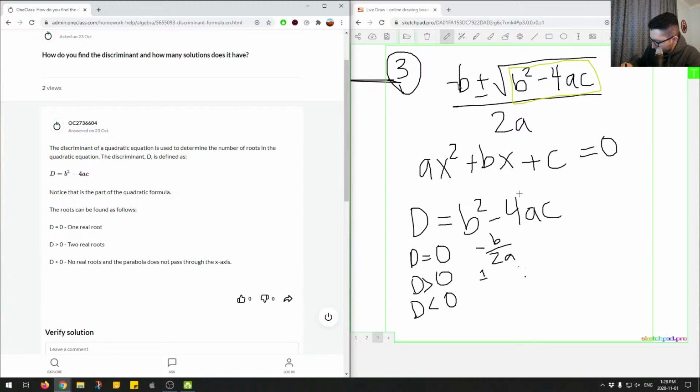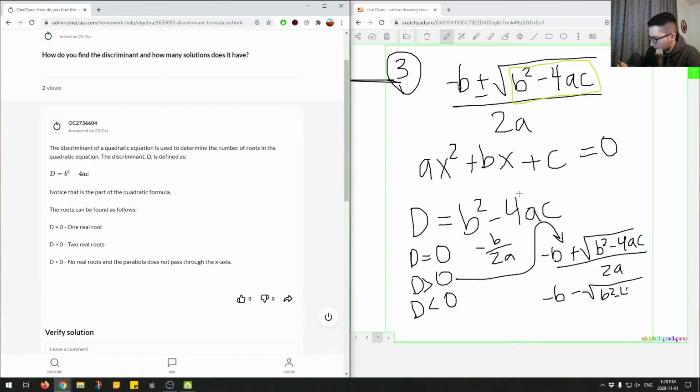So if we draw the arrow over here, the first root is negative b plus the square root of b squared minus 4ac, divided by 2a, and then the next one is negative b minus the square root of b squared minus 4ac, divided by 2a. So this is the first one, this is the second one. That's why we have two real roots when it's a positive value.